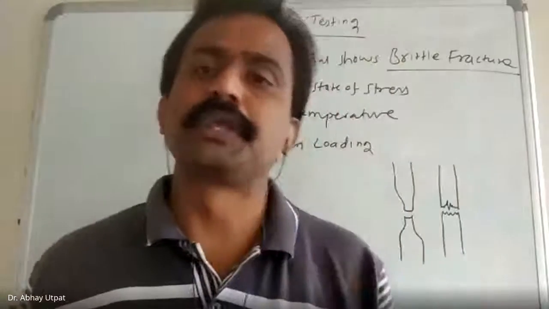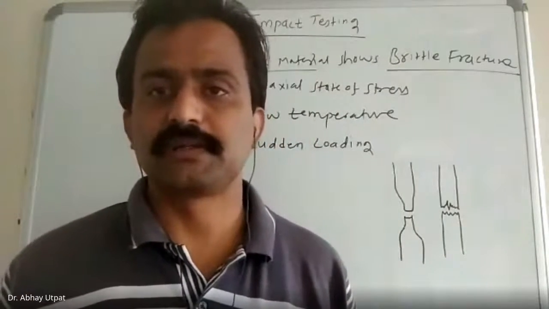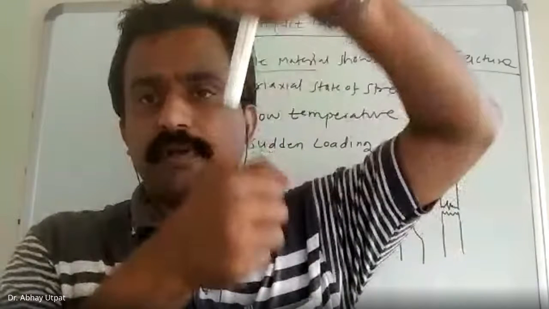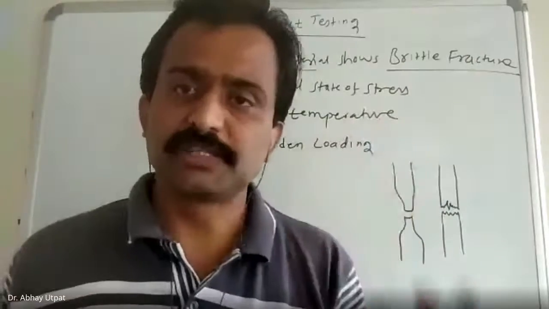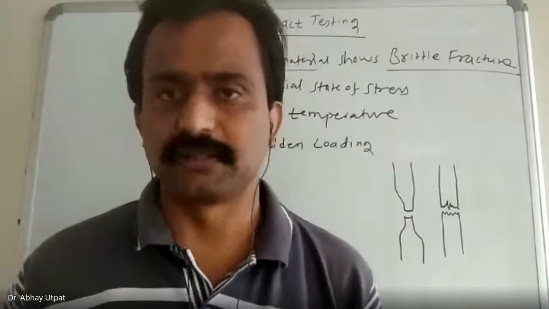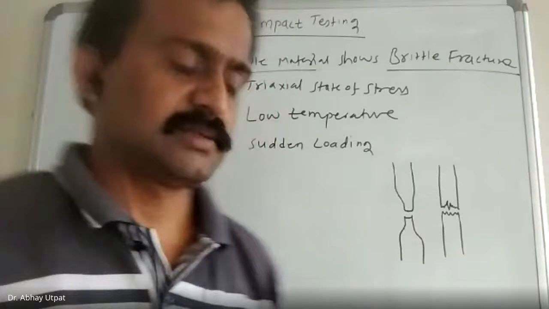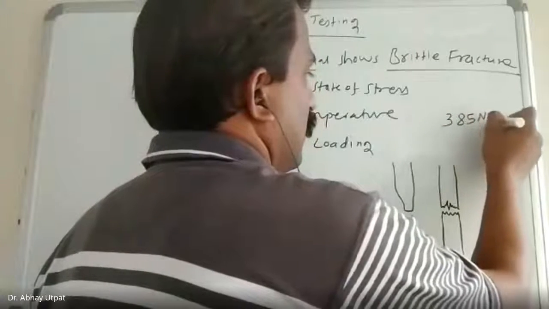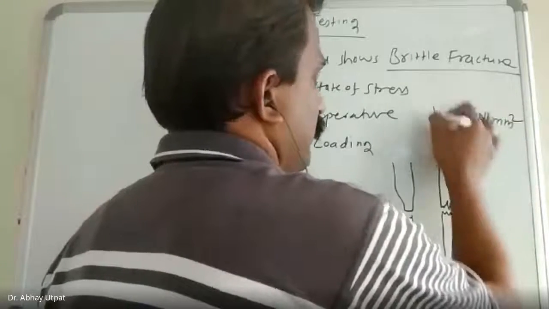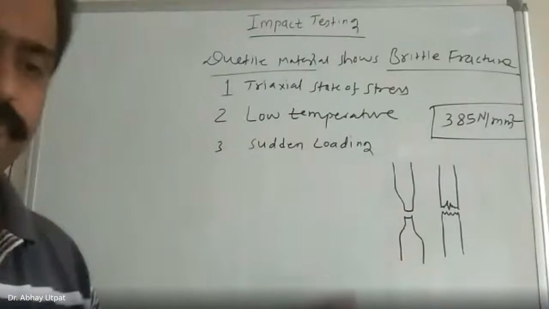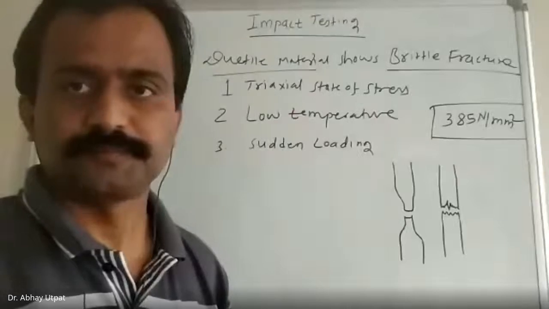I put it on the UTM. UTM is Universal Testing Machine. So there I have carried out and found various properties such as yield point, ultimate tensile strength. Ultimate tensile strength is 385 N/mm². Suppose I have this value by tensile testing.